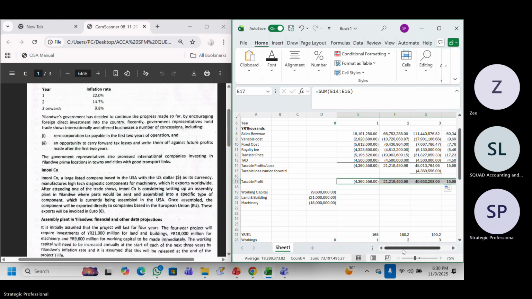So I'll now apply tax. And what's the tax? What do they tell us the tax is? Can you search that out?